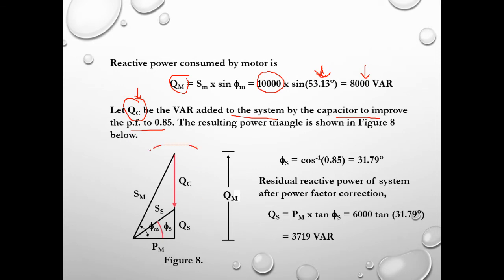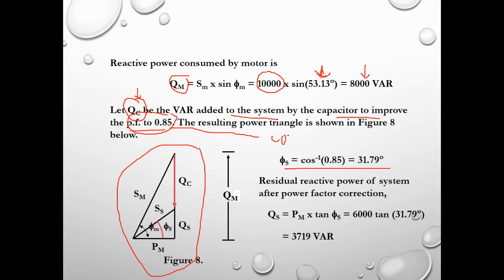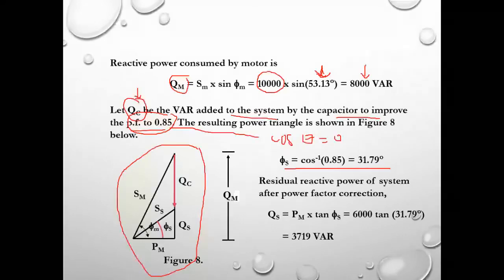Before we come up with this triangle, it is advisable to calculate the new theta S, because we know that the system is now having a power factor of 0.85. So cos theta S is now equal to 0.85.